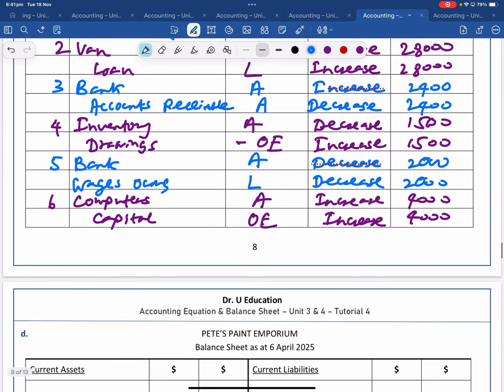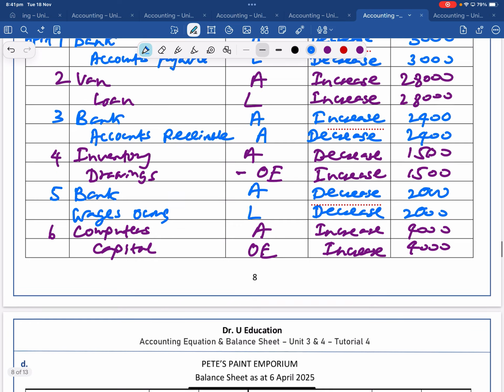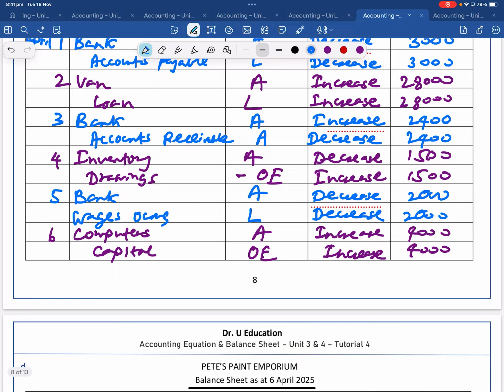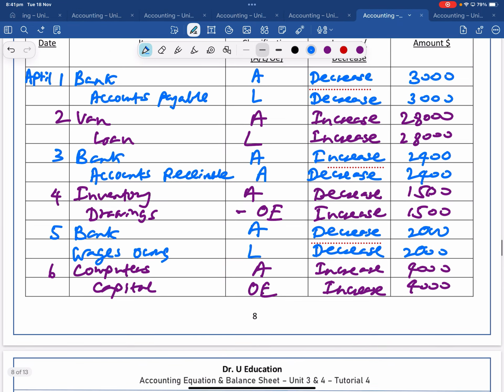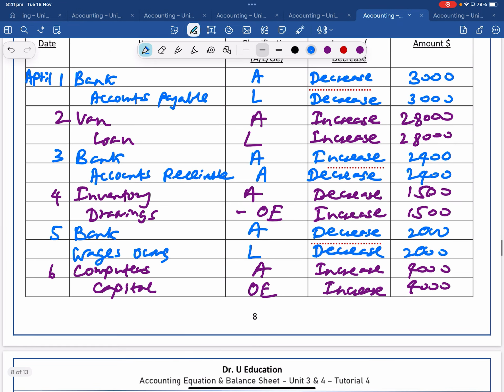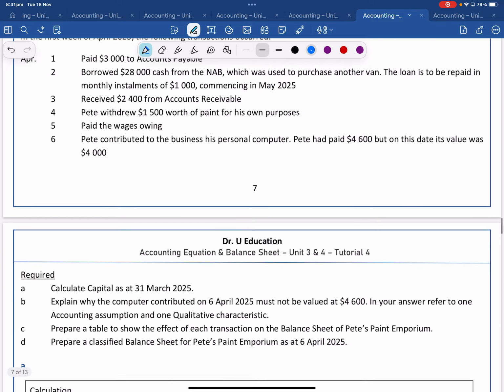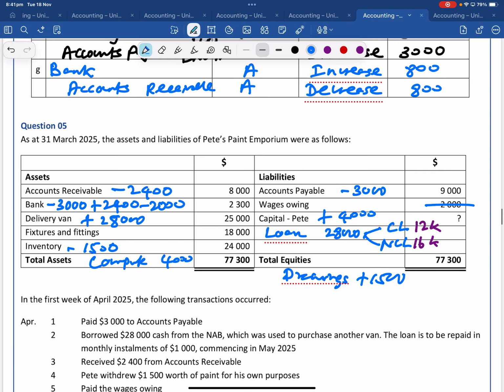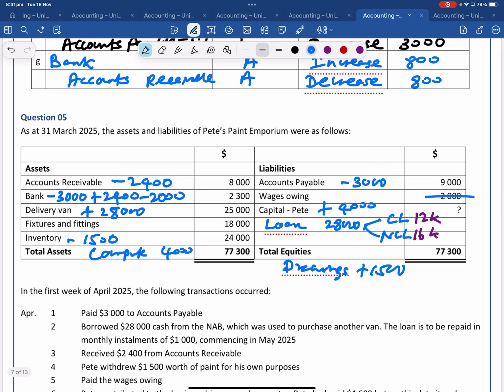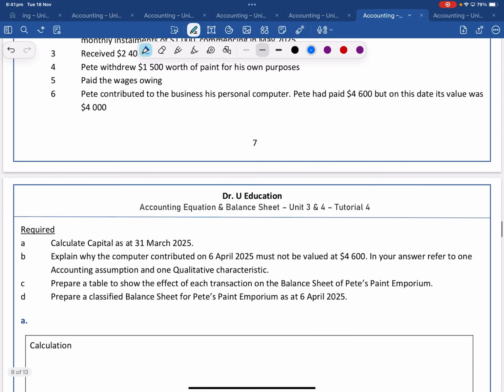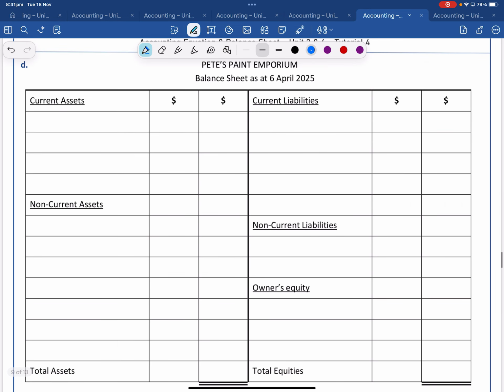Right. Then I'm starting with probably accounts receivable. What happens? Accounts receivable, I'll write in the second.